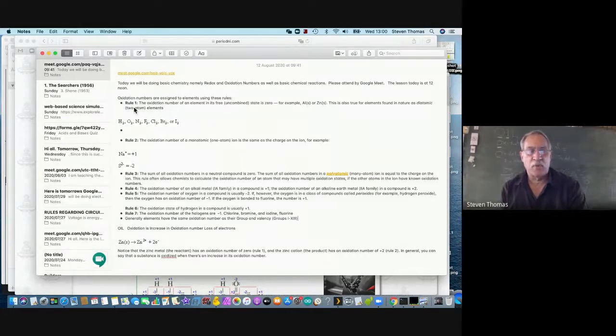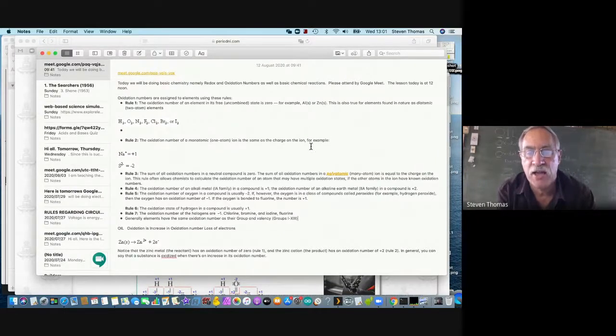Rule number 1. The oxidation number of an element, for example, we've just done zinc alone, in its free uncombined state is 0. All of those are just elements, so they're 0. Zinc, aluminium, or all of those, even though they're diatomic, they're still 0. Rule number 2, the oxidation number of a monatomic ion, one atom, is the same as the charge.